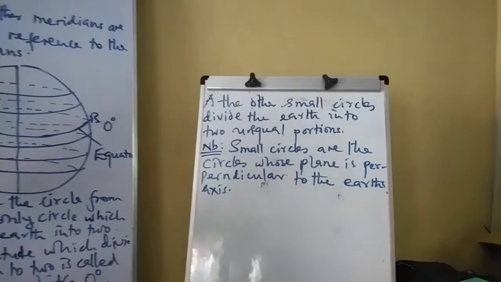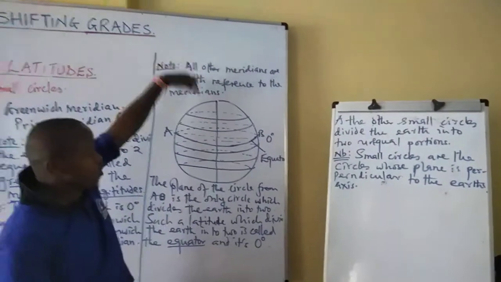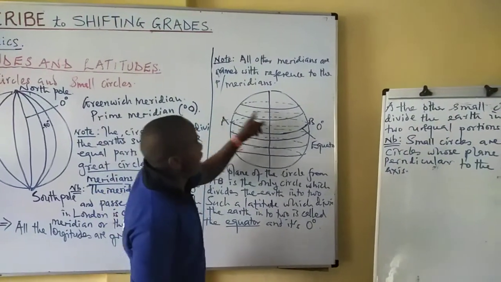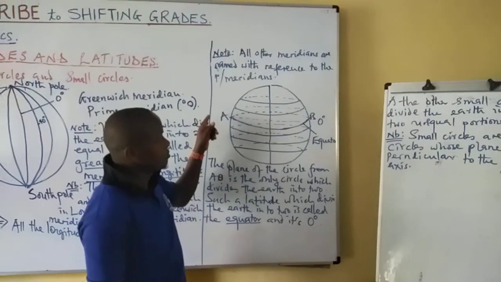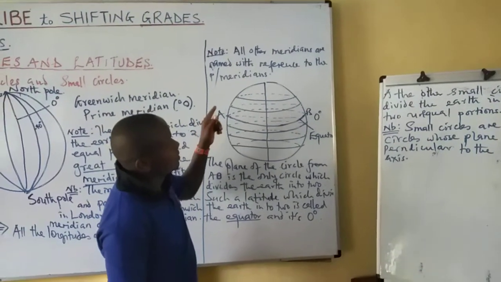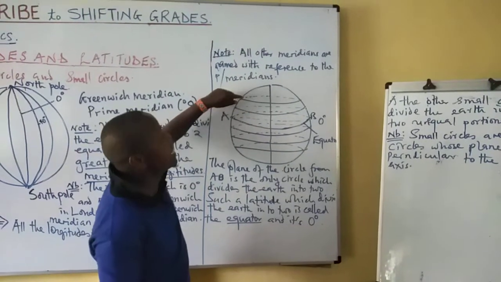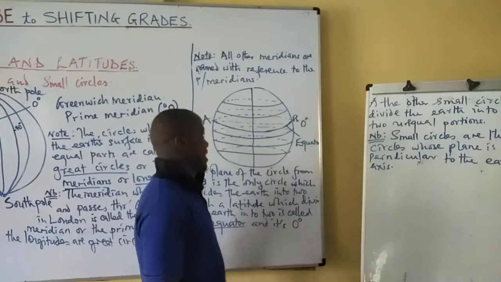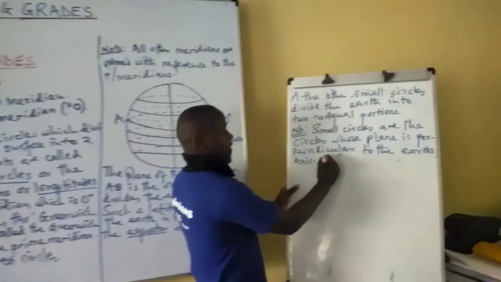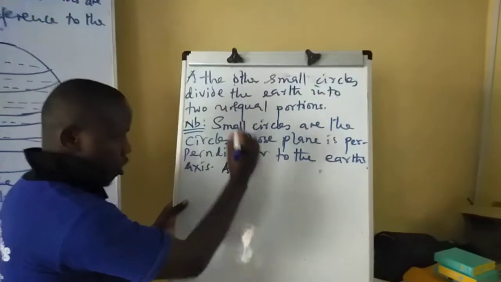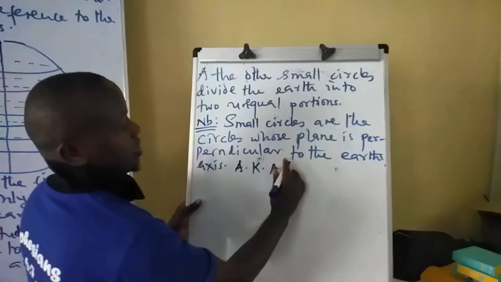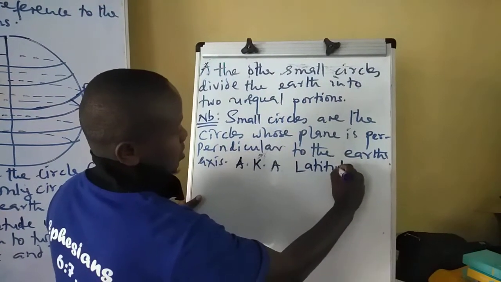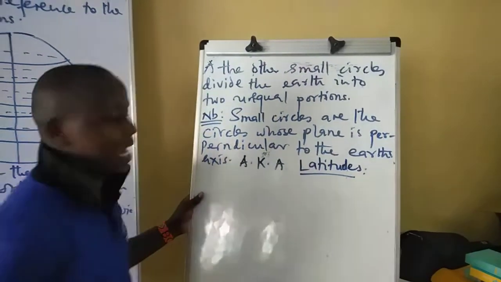Therefore, if the Earth's axis is penetrating right from the top through the interior of the Earth to the bottom, then you find that these types of circles are cutting the Earth's surface in such a way that their plane will be perpendicular to the Earth's axis. And we are saying such circles are called small circles, and they are also known as latitudes.